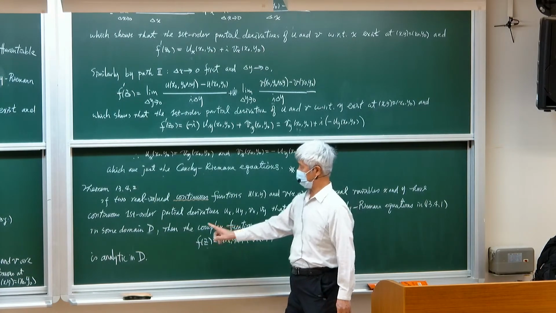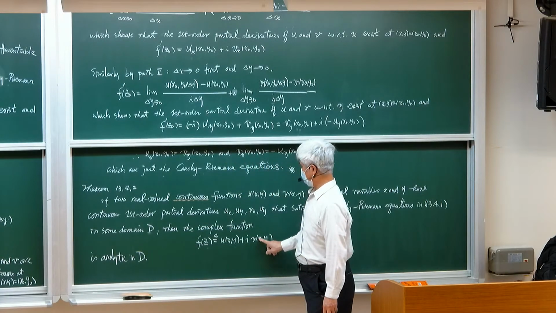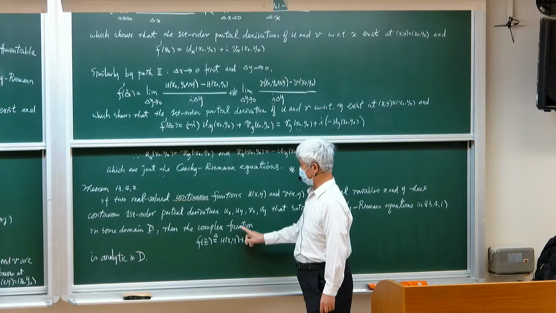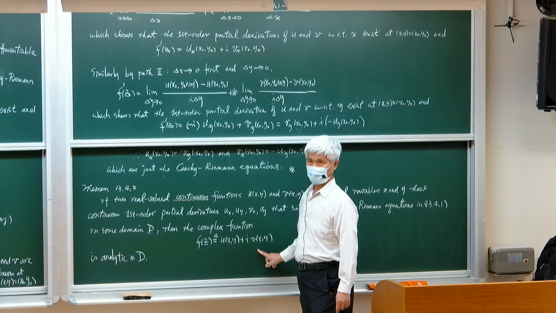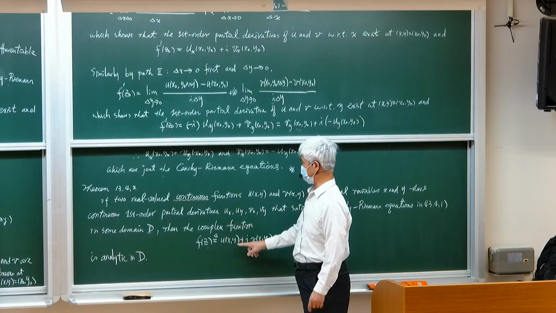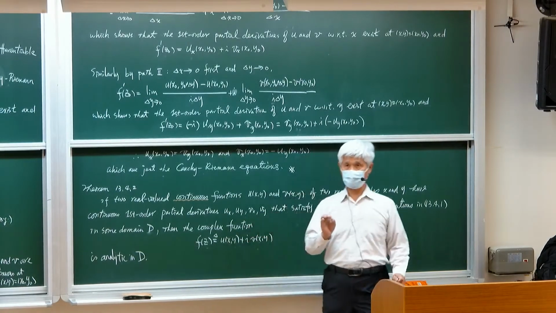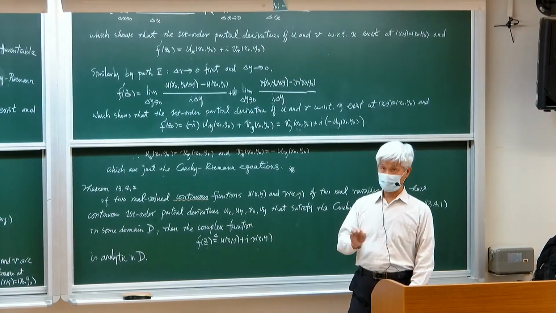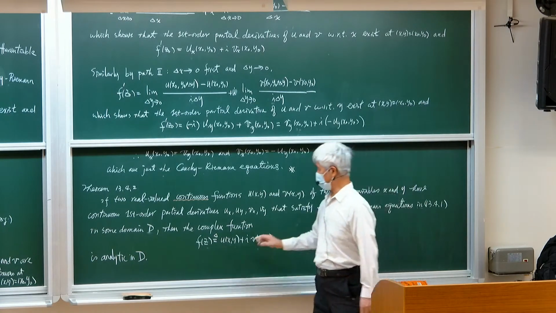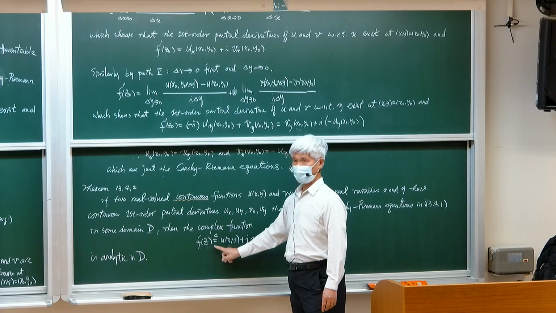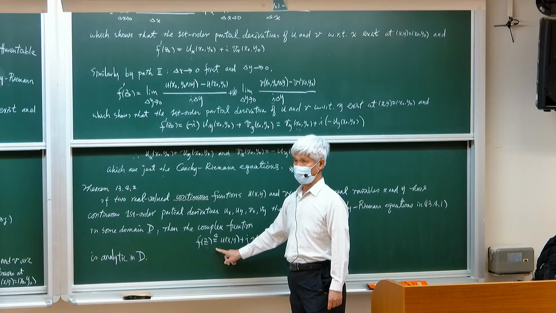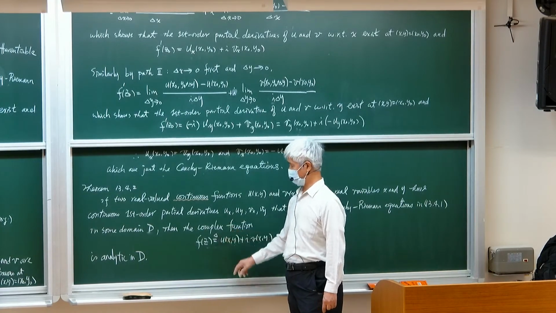And in a domain, and they have continuous first order partial derivatives. Okay, so these conditions are quite easy to be justified. So once we know this fact, then f of z would be analytic in the domain D.